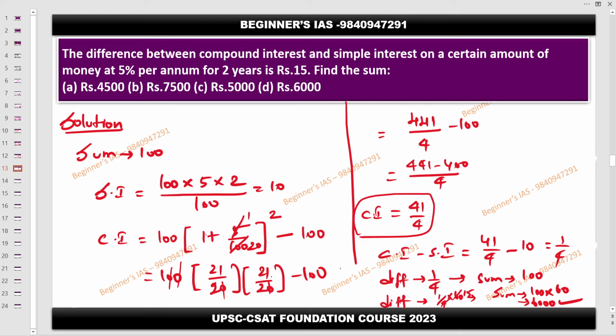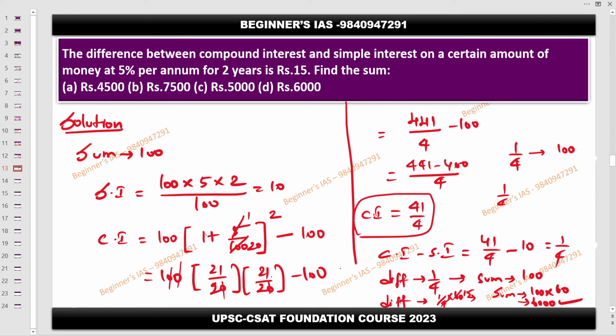Understood? Anybody having a doubt? If you are having a doubt, please clarify. Sir, last step, can you explain? I'll explain. For a difference of 1 by 4, the sum is 100. But the difference here is 15.